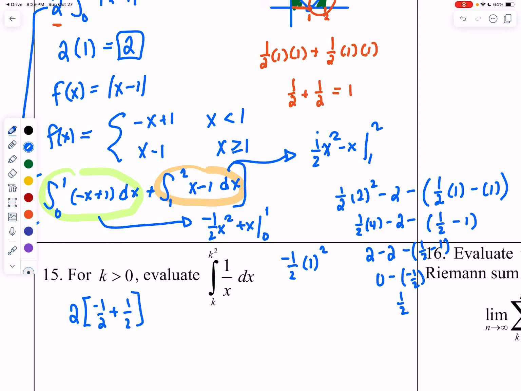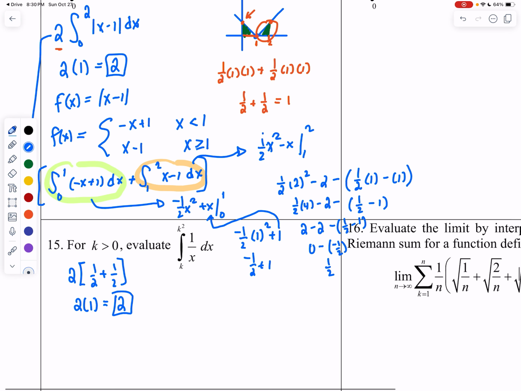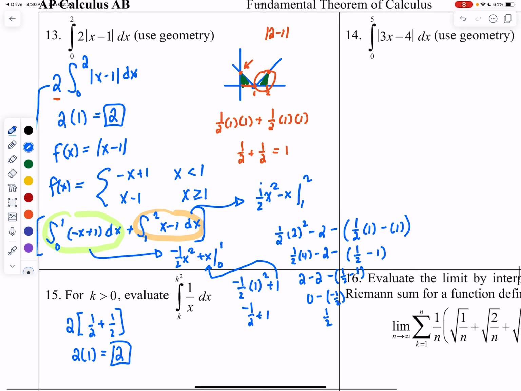Let's see. Oh, I forgot the 1 right here. I know. I really am. Silly me. So, I forgot the 1 from this whenever I evaluated 1. So that's going to give me 2 times 1, or 2. And see how all of that mess whenever you could have just done geometry.